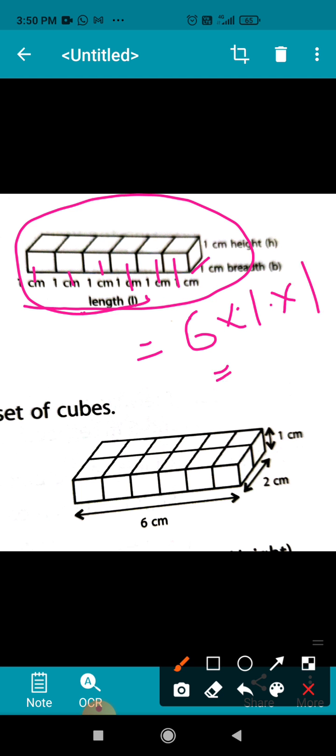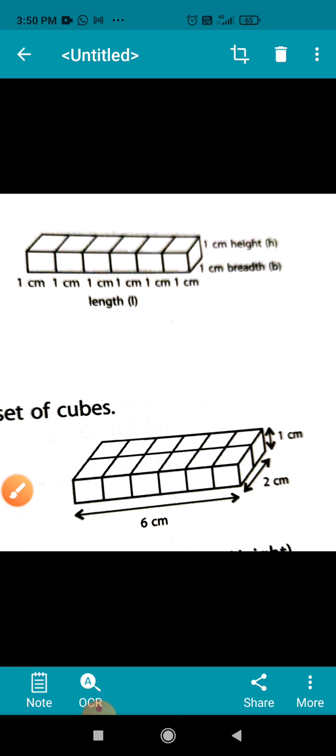So the volume of this figure is 6 cubic centimeter. Now children, in this figure, what have you done? You have added 6 unit cubes more.